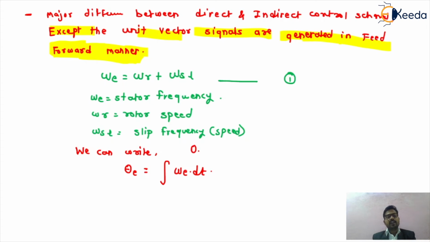So friends, now we are getting the integration of this term. So again I can write theta e is equal to integration of omega e dt, where theta e is the angle of synchronously rotating frame, and omega e is the stator frequency with respect to time.